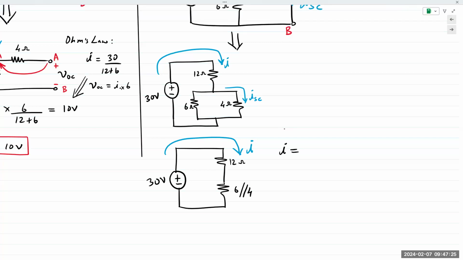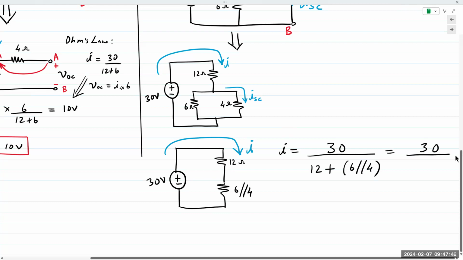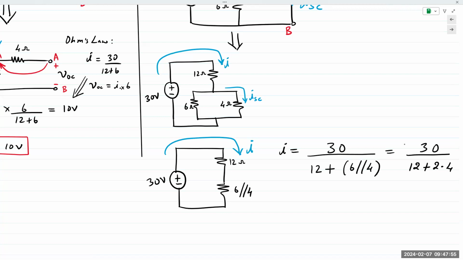And I can write I is equal to 30 volts divided by 12, which is in series with a parallel combination of 6 and 4. The parallel combination of 6 and 4 is 6 times 4, 24, divided by 6 plus 4, which is 10, should give me 2.4. 12 plus 2.4. And total I should be 30 divided by 14.4.